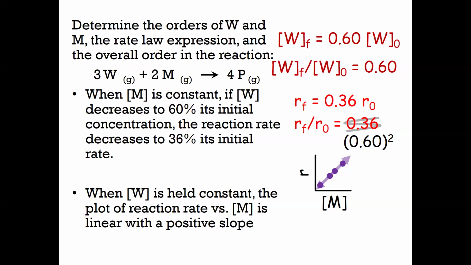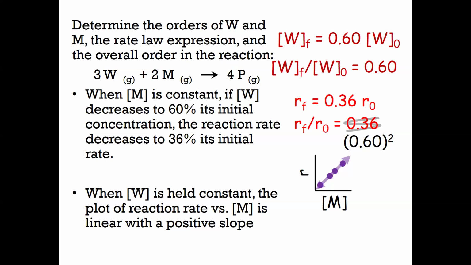So in this case, here we have the graph as the concentration is plotted on the x-axis, the rate is plotted on the y-axis. It is a positive slope telling us it linearly changes when my concentration goes up, for example, then the rate will go up by a similar factor. What does that suggest about the order of M?